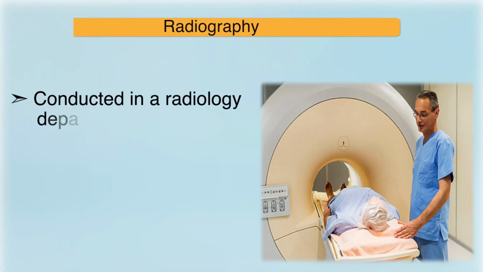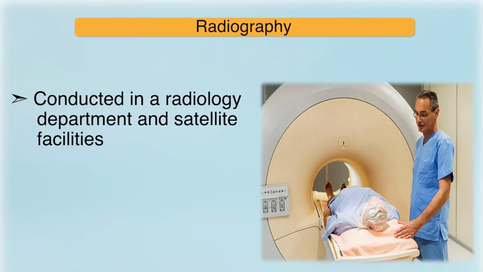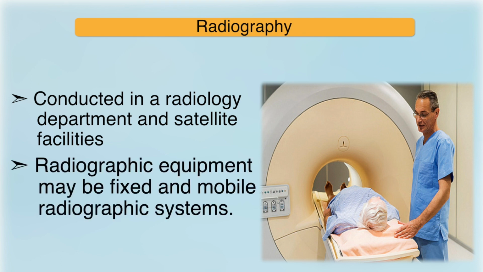Radiography is typically conducted in a radiology department, either a central department or satellite facilities, but it may also be performed in certain doctors' offices, especially by orthopedic doctors. The radiographic equipment may be fixed, and mobile radiographic systems are also there. That means there are varieties of radiography systems.